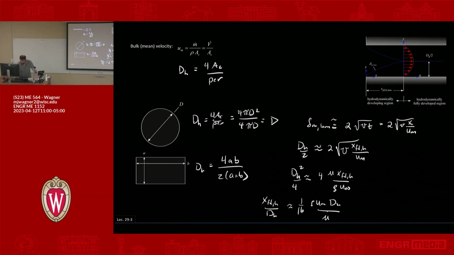Rewriting that very slightly, x_fd,h over d_h is equal to 0.063, which is approximately 1/16, times the Reynolds number in terms of d_h. Hopefully that makes sense: 0.063 is 1/16, the Reynolds number is this here, and then d_h we just bring over from this side.